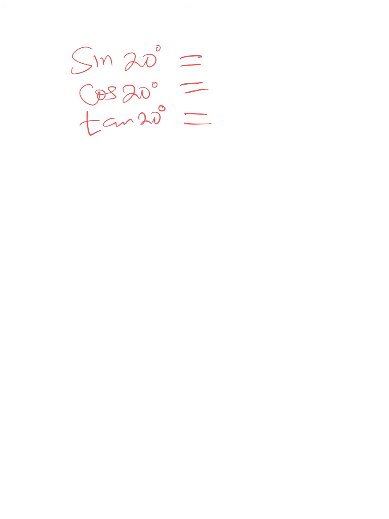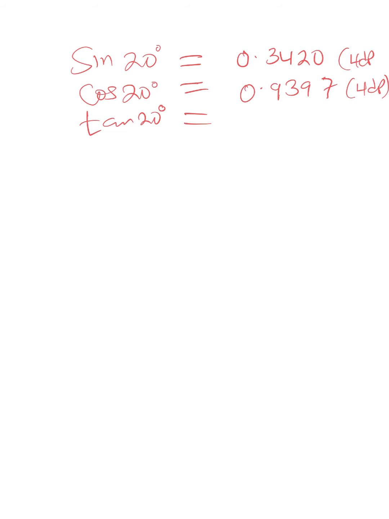We are talking about the sine of 20 degrees. Sine of 20 degrees is going to be 0.3420, if I write this to 4 decimal places. What about the cosine? Cosine of 20 degrees is 0.9397, still 4 decimal places because I'm not writing everything.